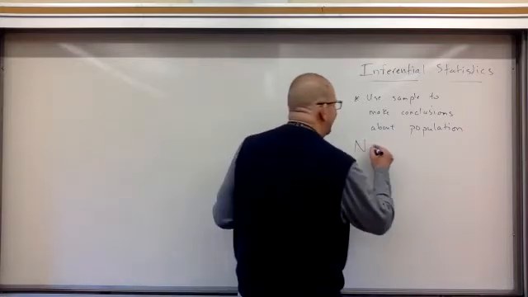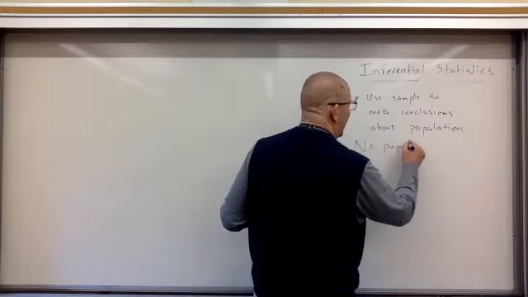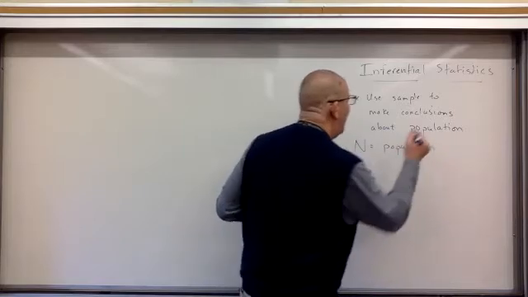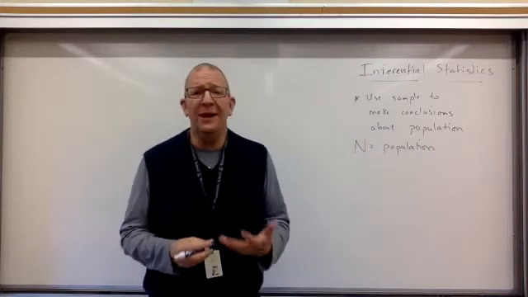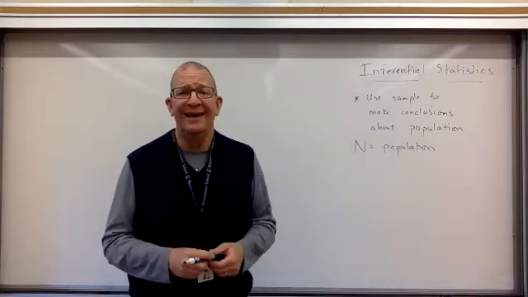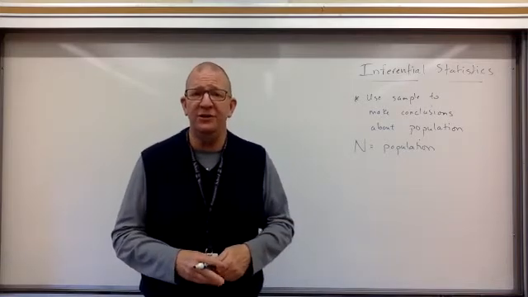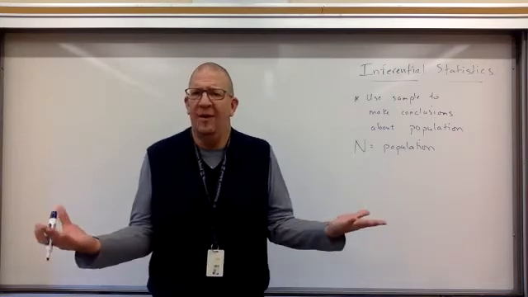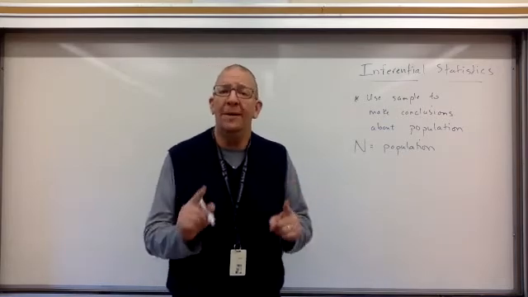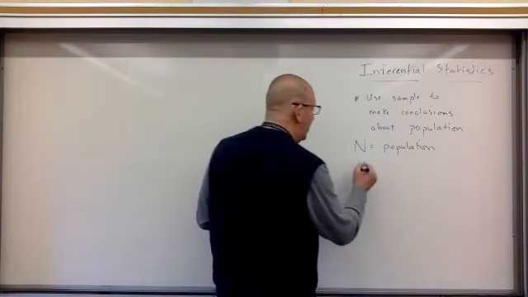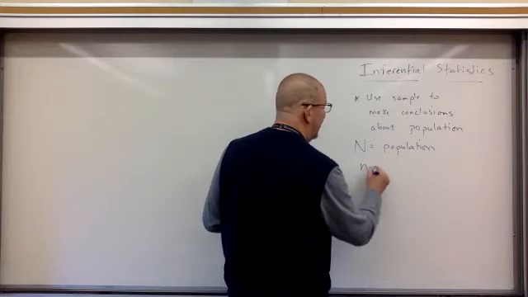So N represents the population. Well, if I want to know how much beer college students drink, am I going to survey every single college student? No, all right, that doesn't make sense. What I'm going to do is I'm going to use a sample, small n.